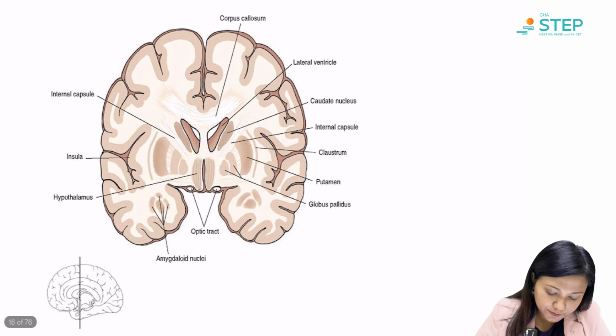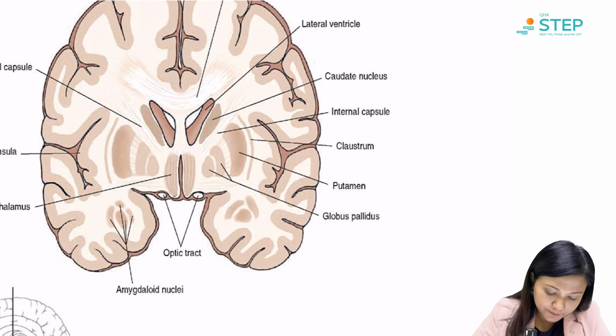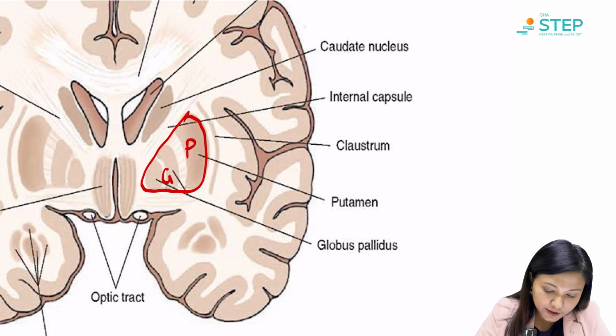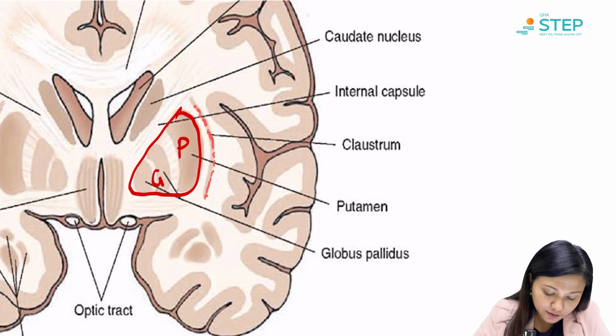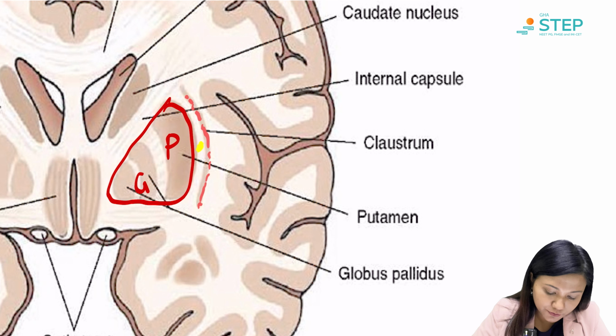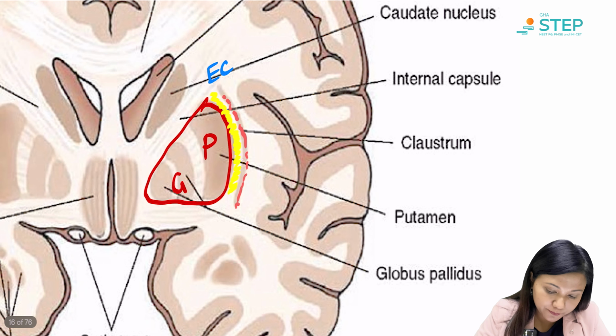So as you can see here, this entire area is the lentiform nucleus. You have the putamen, you have the globus pallidus, then you have another area of gray matter, that is the claustrum. In between the lentiform and the claustrum, this white area which is shaded by yellow, that is known as the external capsule, and between the head of the caudate nucleus and thalamus below, you have another white layer.